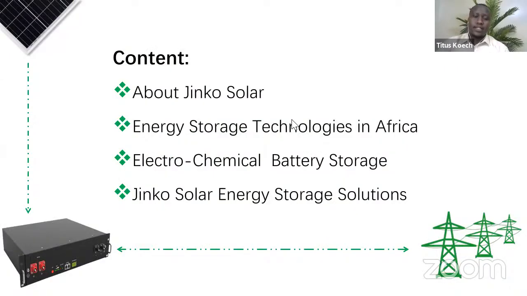So this is going to be a brief content of what we're going to discuss today. That is briefly about Jinko Solar. It should take just a few minutes. Then also some key storage solutions or other technologies in the African regions, which are also applicable in other regions as well. And we'll emphasize more on electrochemical battery storage, which is quite dominant in the Sub-Saharan Africa regions.